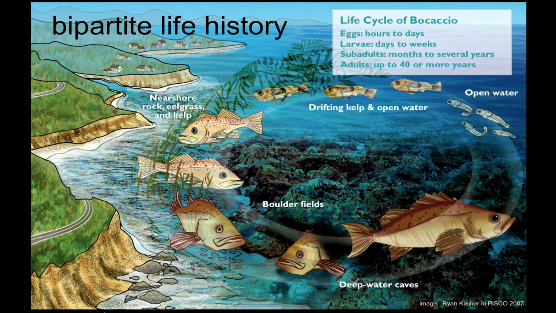So that decoupling of obvious local generation of individuals and obvious local input of individuals to that reef area is a so-called more open type of population.